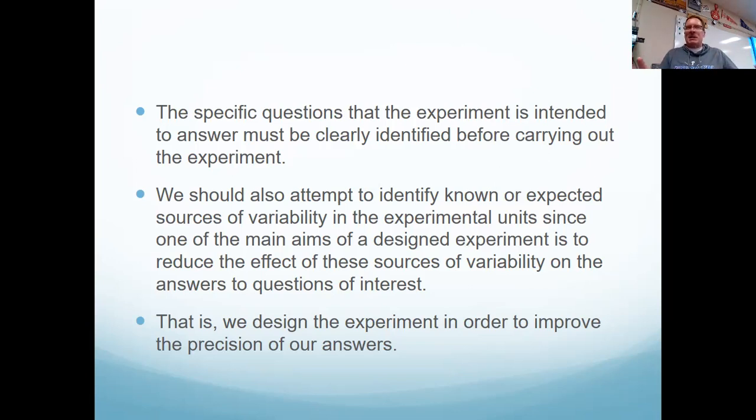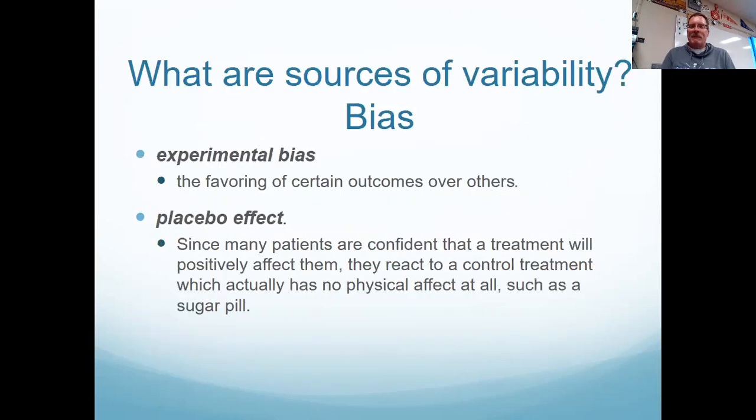Everything else would be constant and steady. It's the ideal. Doesn't always work that way. It's not always possible, especially when doing studies with humans and living organisms. It's not always possible to control everything, but you can control many. Anyhow, you design experiments in order to improve the precision.